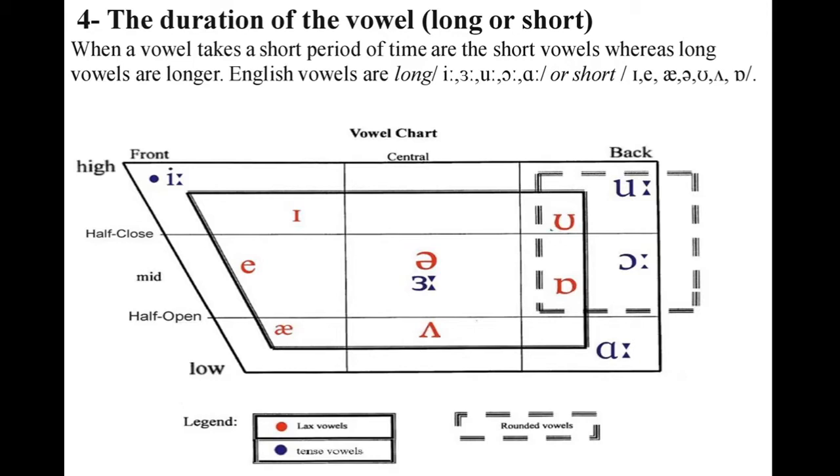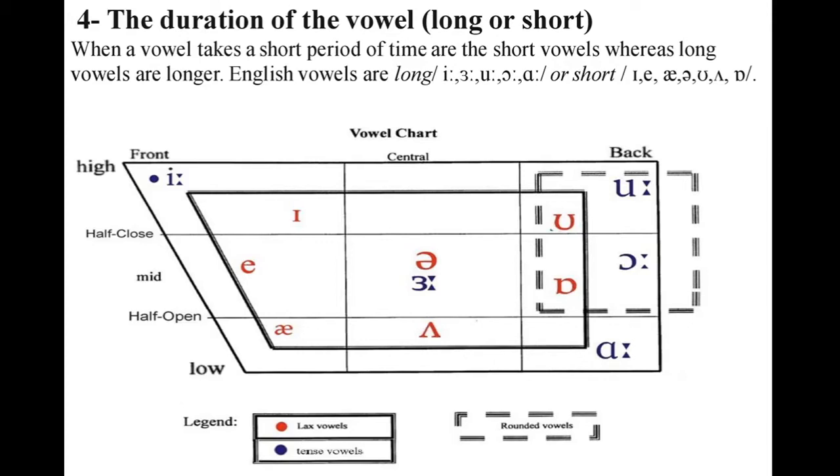To represent the quality of vowels and diphthongs, we place them on a four-sided figure, usually known as the cardinal vowel quadrilateral. We call it a quadrilateral because it has four reference points.